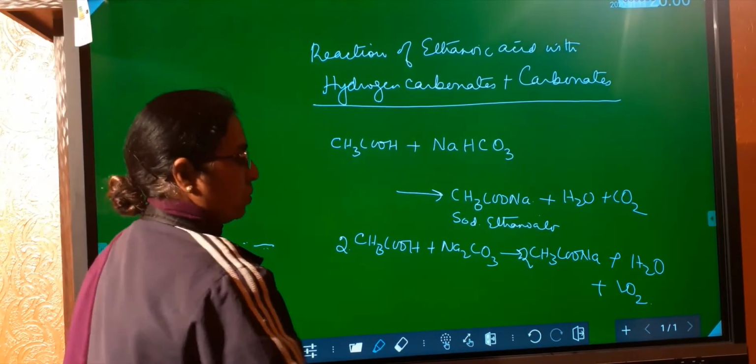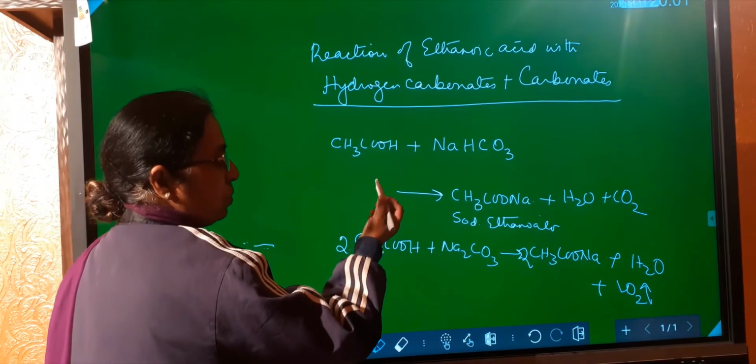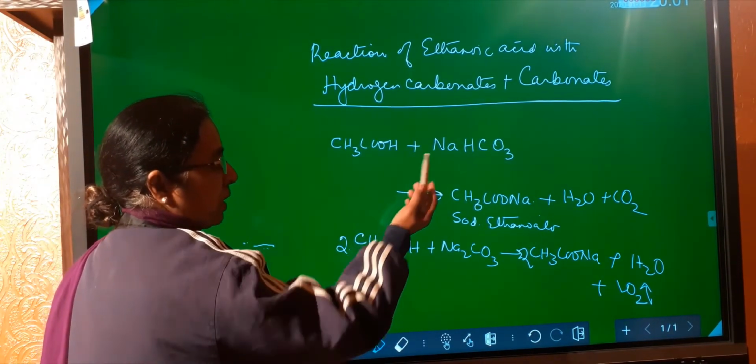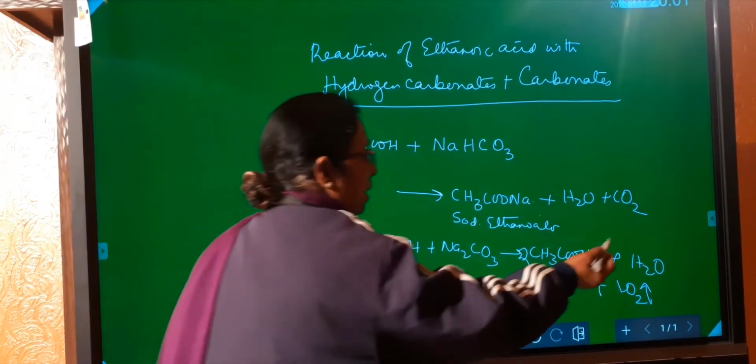Alright. So in any case CO2 is produced. जब कभी भी आप एसिटिक एसिड में या तो सोडियम बाइकार्बोनेट डालें या सोडियम कार्बोनेट डालेंगे तो CO2 will be liberated.